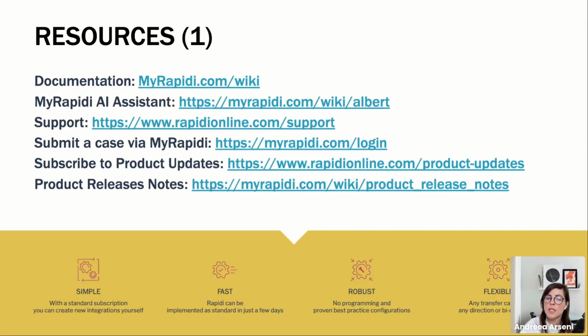Here we have resources. So we have documentation, we have our wiki, then we have the AI assistant. Right now we are building documentation for it, and we will be adding more and more, so it's easy to follow and easy to understand how this works. Then we have support. You can reach out to support if you have any issues or if you need help with anything.